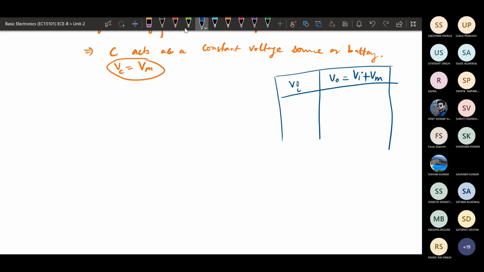If we are applying the input that is minus Vm, the output that we will be getting is 0. If we are applying the input that is 0, the output that we are getting is plus Vm. If the input is plus Vm, the output that we will be getting is plus 2 Vm. So this is the summary of positive clamper circuit.